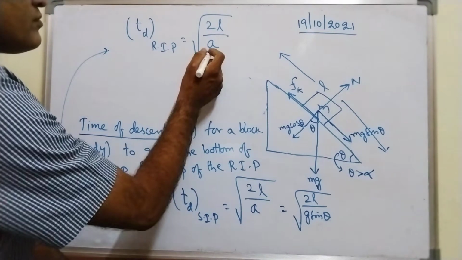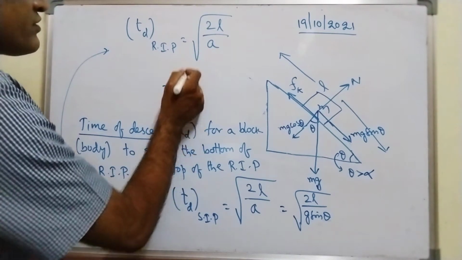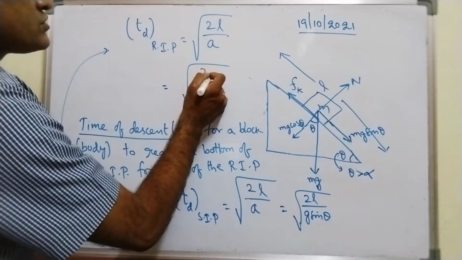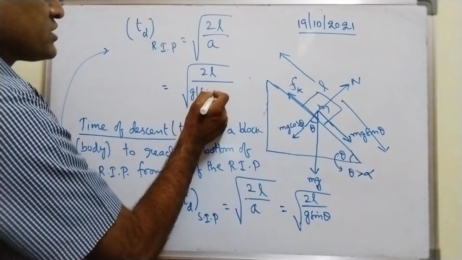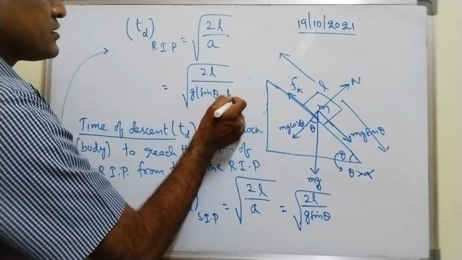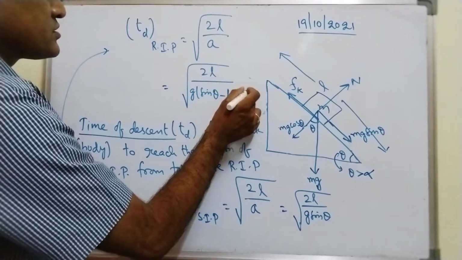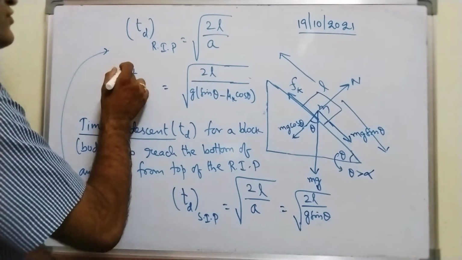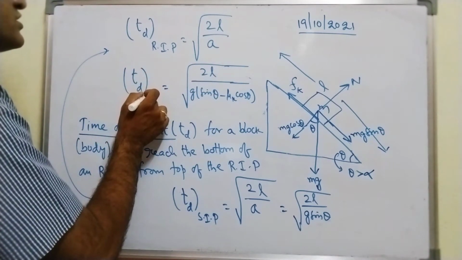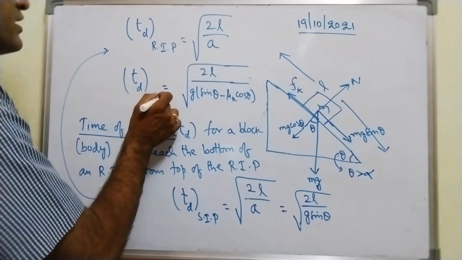Substituting A, it is root over 2L by g into sin theta minus mu k cos theta. This is the formula for the time of descent on a rough inclined plane.